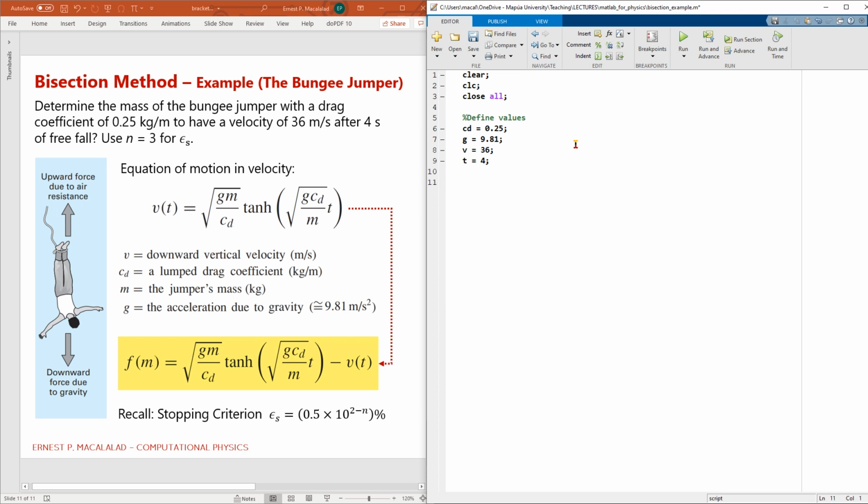Okay, just to give an idea, let's first define our anonymous function.